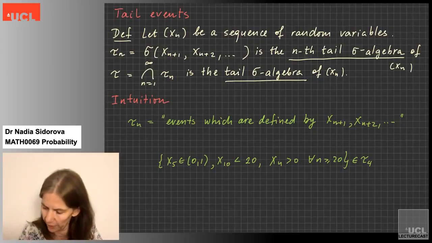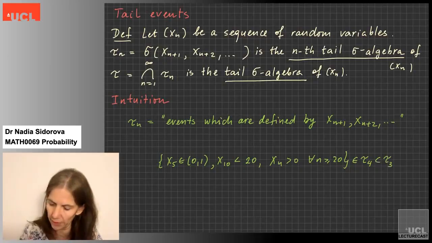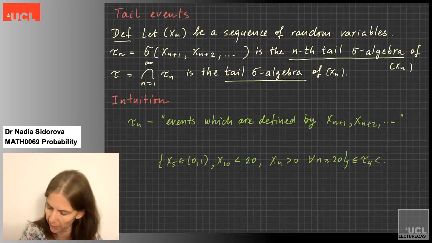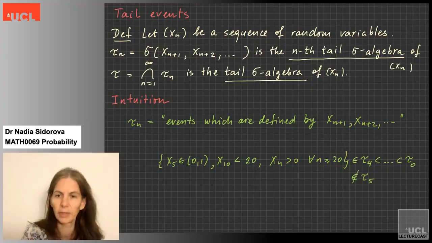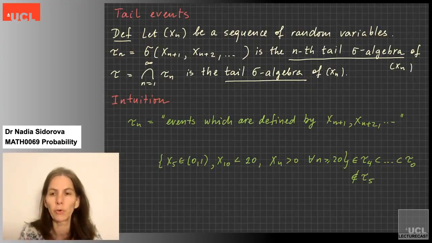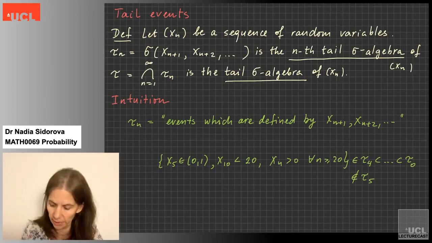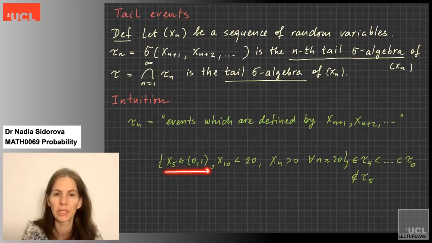And then obviously it belongs to tau 3 and so on up to tau 0, because those sigma algebras are contained in each other. But it doesn't belong to tau 5 because tau 5 only contains information about x6 and higher, and here I'm required to check whether x5 satisfies something, and tau 5 contains no information about x5.